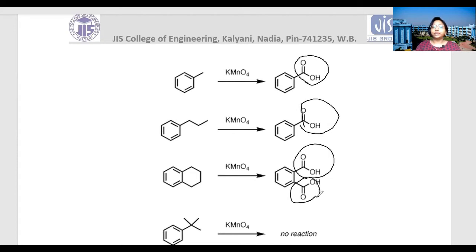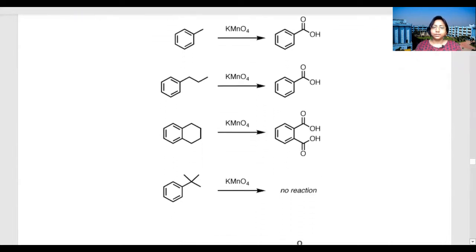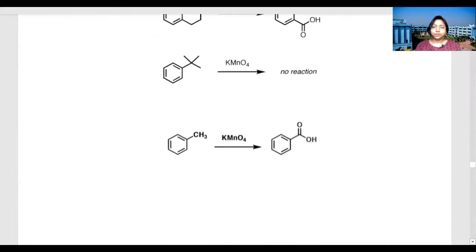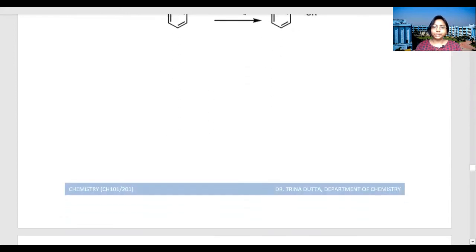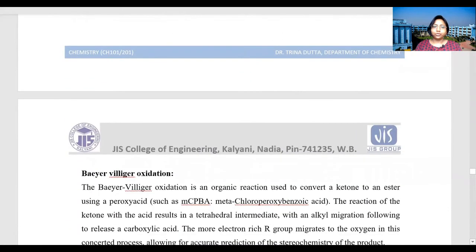In this way, if we use different oxidizing reagents, then we can convert the alcohol into aldehyde or acids. Here you have got lots of examples with KMnO4.